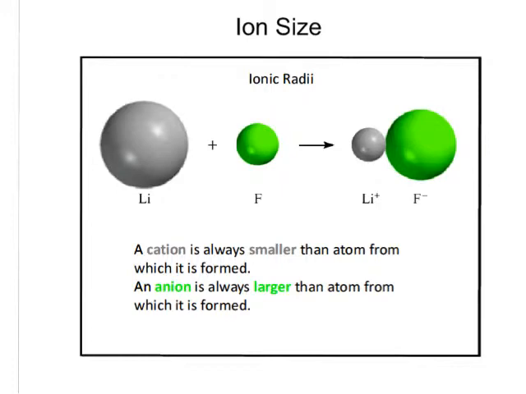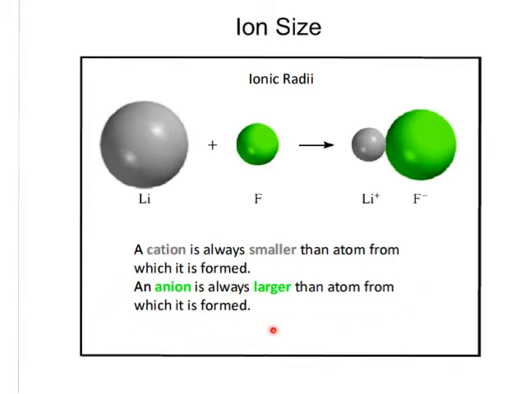It has either one or more additional electrons that have been added to it, and it's just something to note that a cation is always smaller than its parent atom. Okay, so here we have the parent atom of lithium, and we have the cation. An electron has been removed from it, and therefore it is a smaller ion.